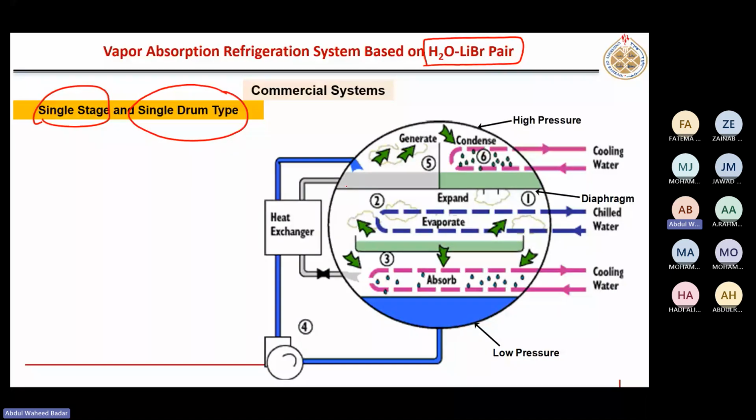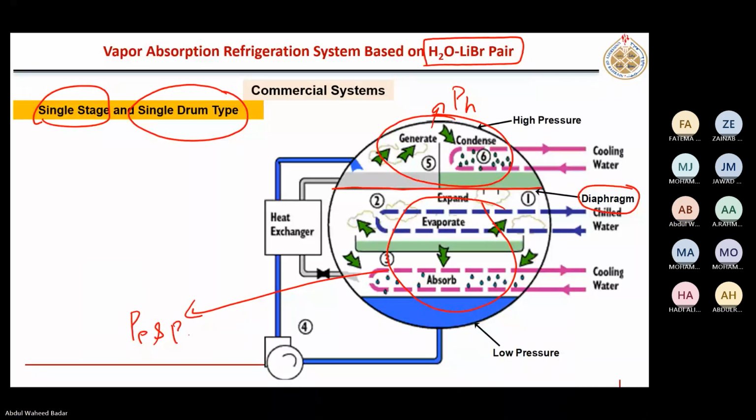But here, because we have two different pressures in that drum, here is that diaphragm, which is a material separating these two portions, because here we have generator and condenser at the same high pressure. And here we have evaporator and absorber at some low pressure. But all of it is inside one single drum.